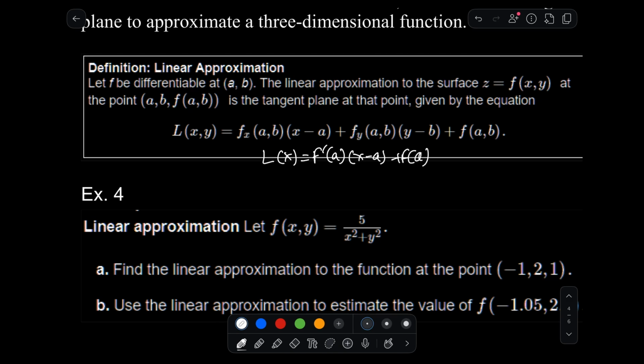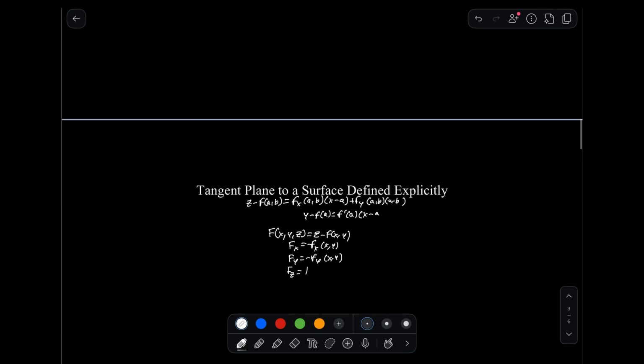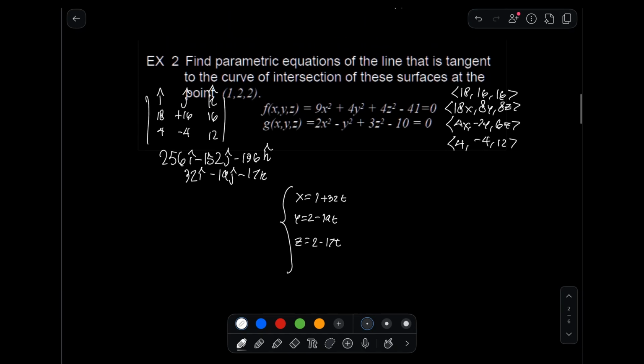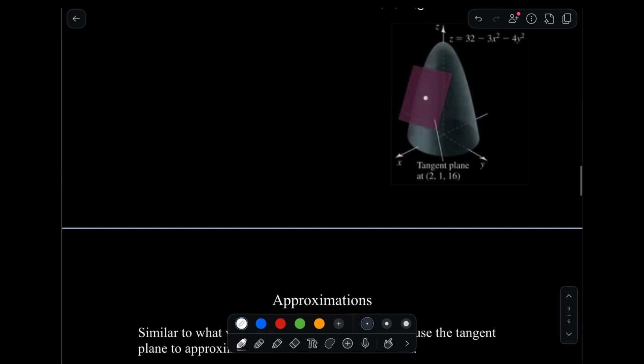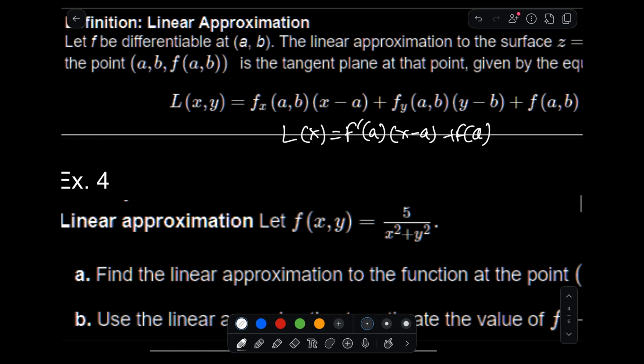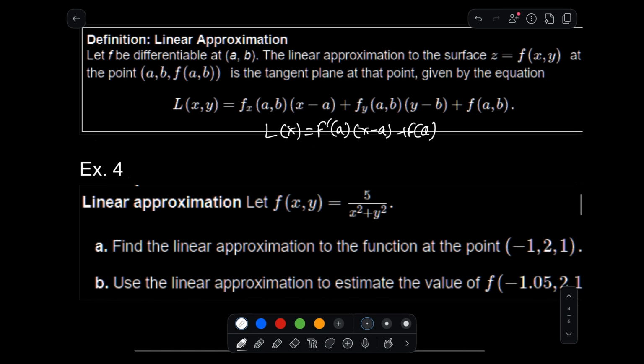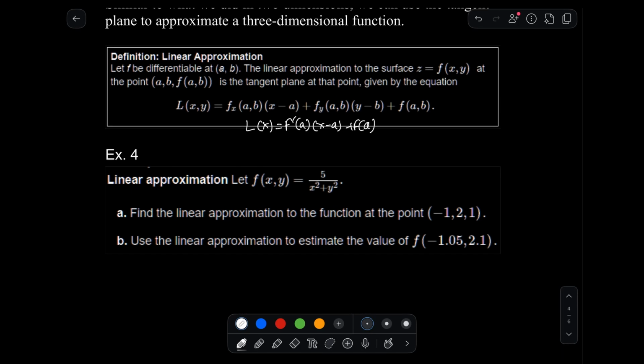And this is literally what we had earlier above with our definition of the tangent line. And we have to find the linear approximation of the function at this point.